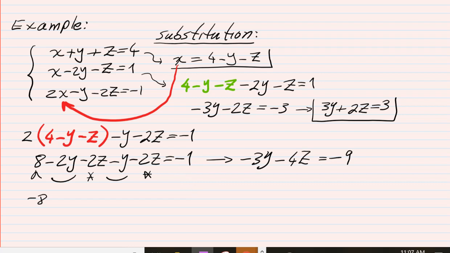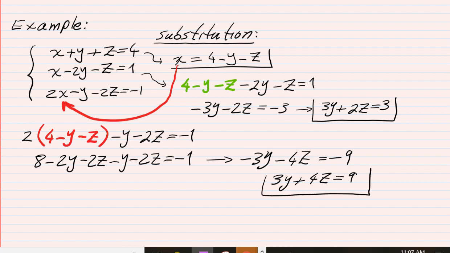That's how I can work this. Next, just like I did above, I'm going to multiply everything by negative, just to make everything a positive coefficient, and there I have this new equation. And there's my 9.